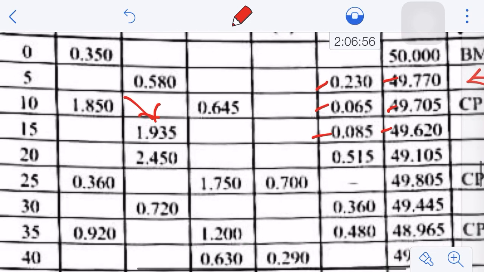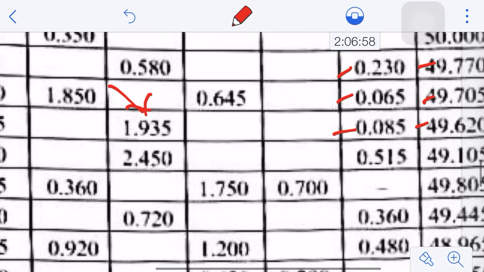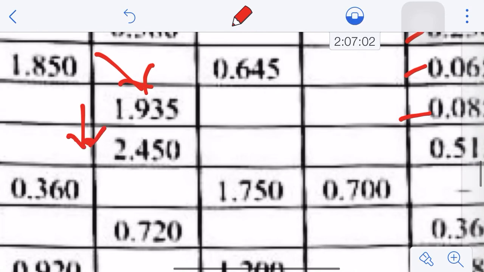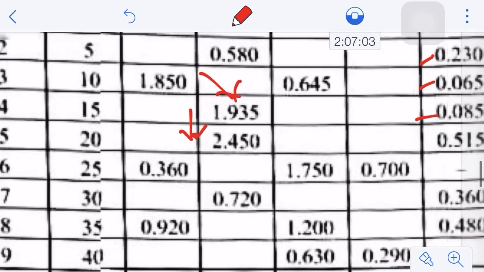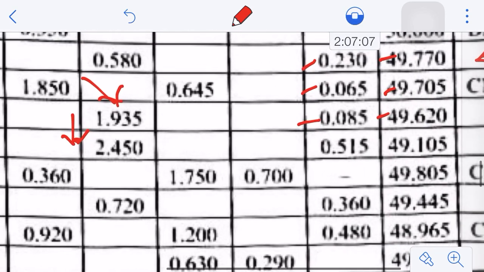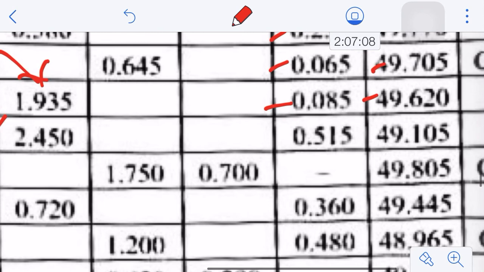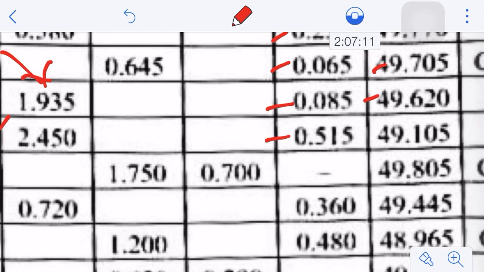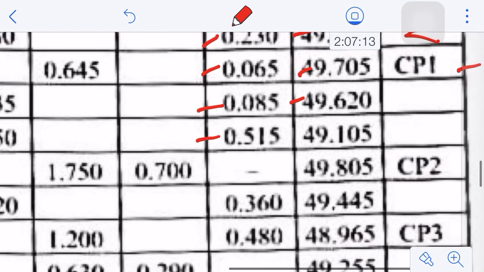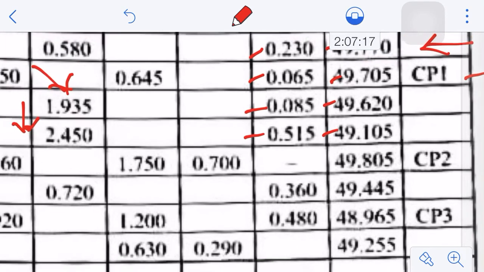Moving further, from 1.935 to 2.450, that is for station number 5. Again your reading is increasing, so it is indicating fall, and the difference is 0.515. Subtract it from your previous RL, 49.620, and you will get 49.105.